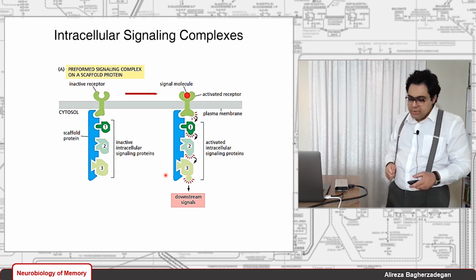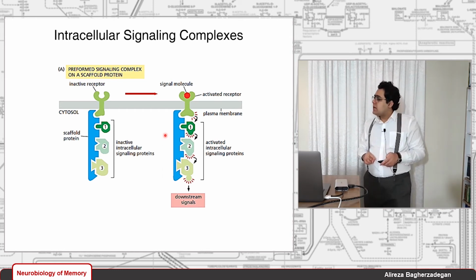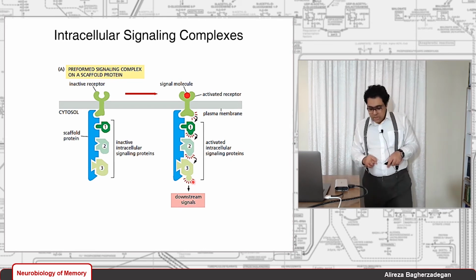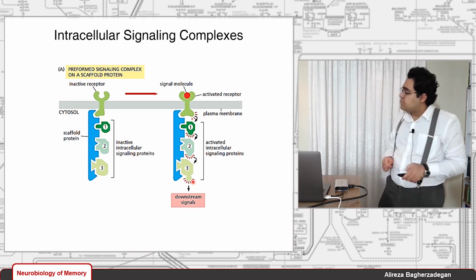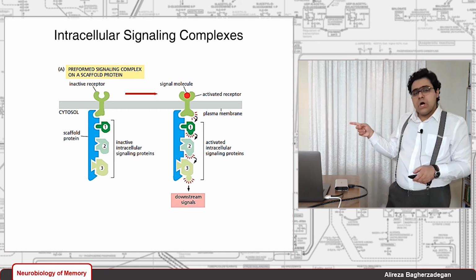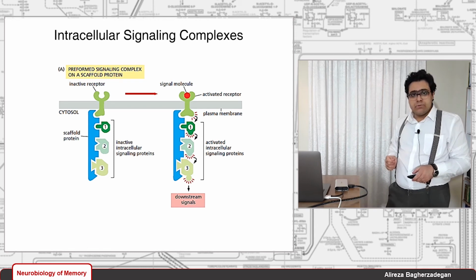This is very important because it increases the efficiency of signaling. It takes less time to activate all of them in sequence. Another important role it has is that it prevents unnecessary interactions between these signaling proteins.